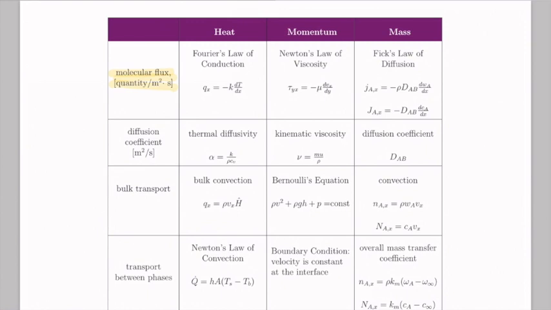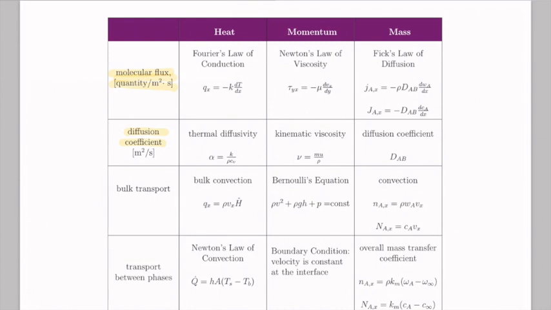So the molecular flux is literally that quantity, whether it's heat, mass, or momentum, transferring between individual atoms or molecules in a system. And that's why we call it a molecular flux. All of these transport phenomena also have an associated diffusion coefficient, which has the same units in all instances, meters squared per second.